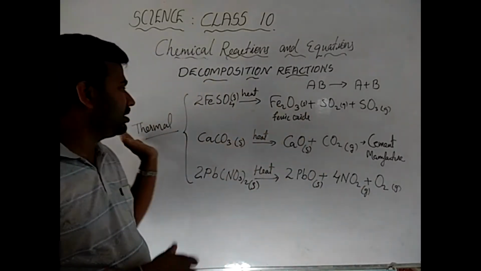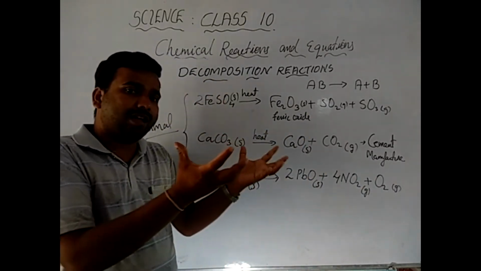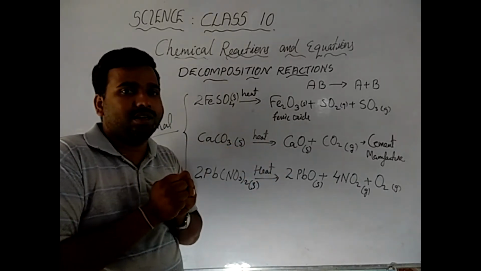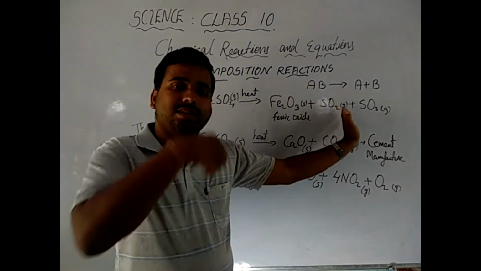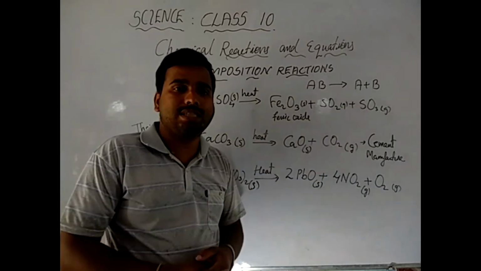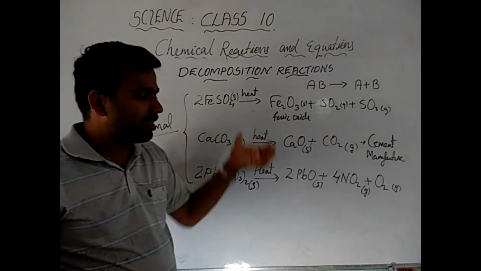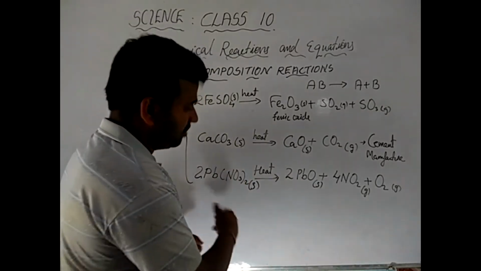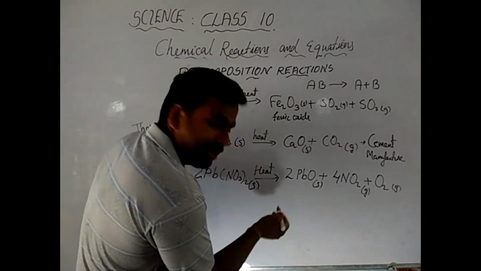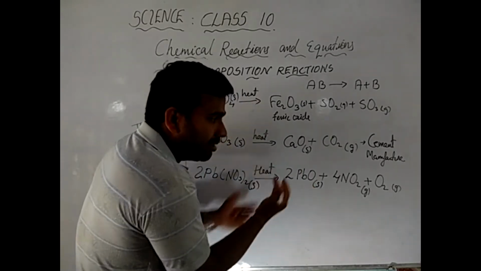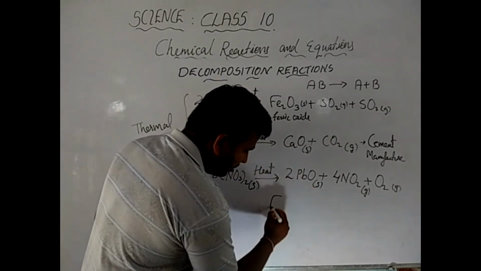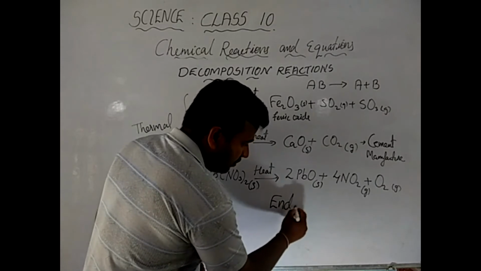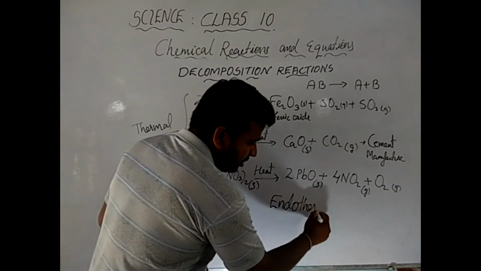These reactions absorb heat energy to break themselves into simpler substances. This is just opposite to the reaction we discussed in the previous video, which was exothermic. Now these require energy, so they are termed endothermic reactions.